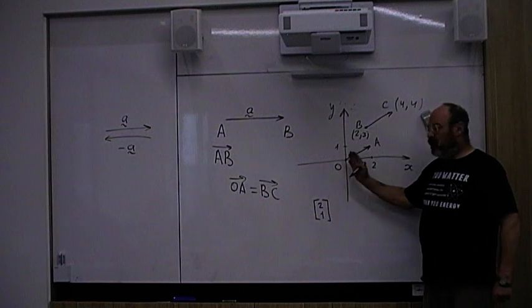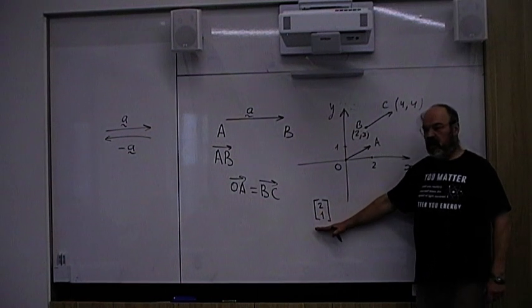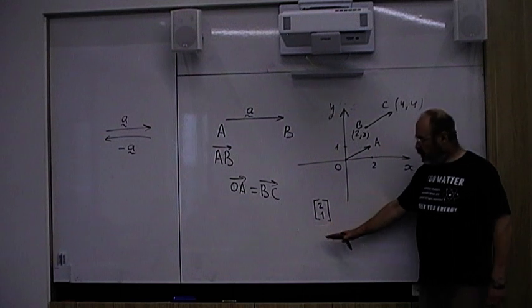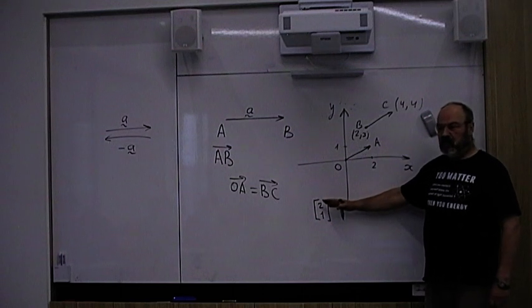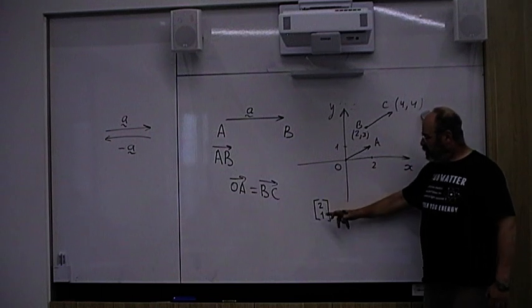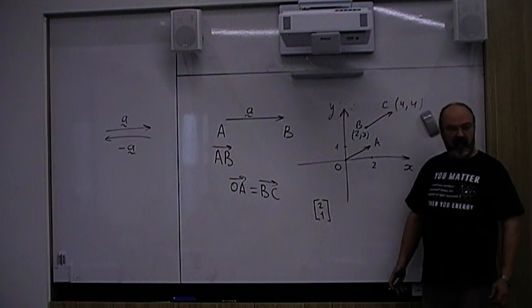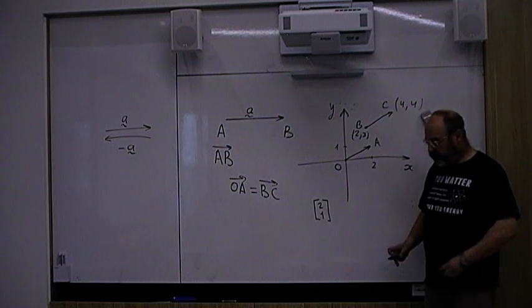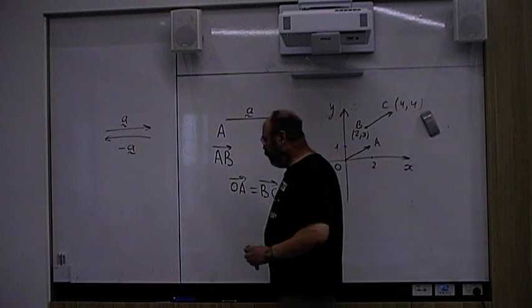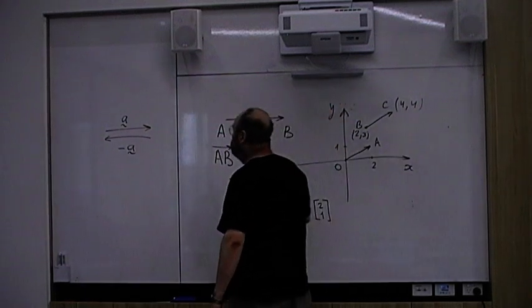That means always when we describe a vector like this using the column matrix, the top is the x coordinate, the beginning is at the origin, and those are the x and y coordinates of the end of the vector. Make sense?